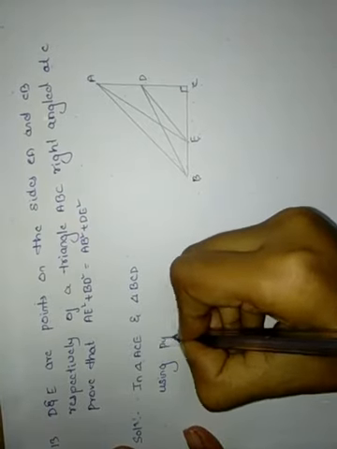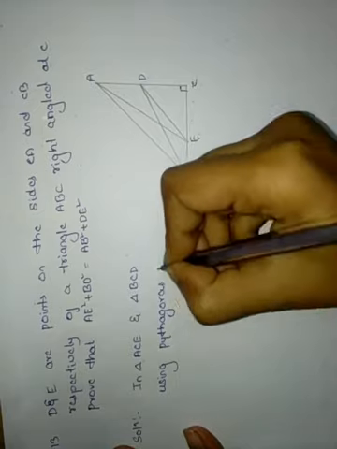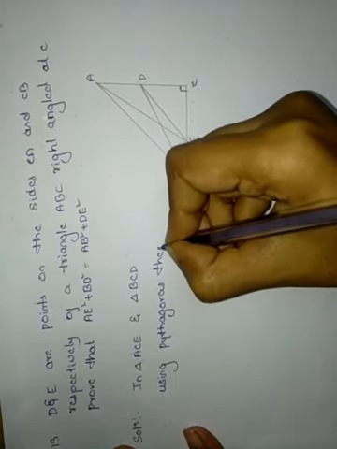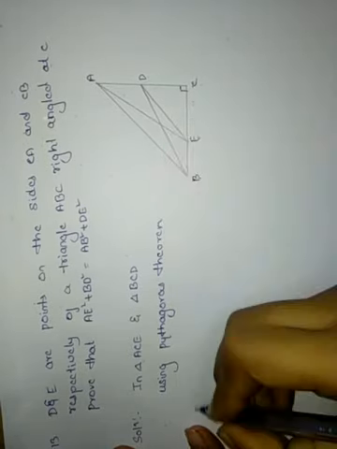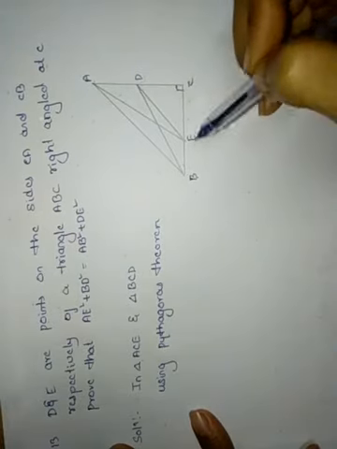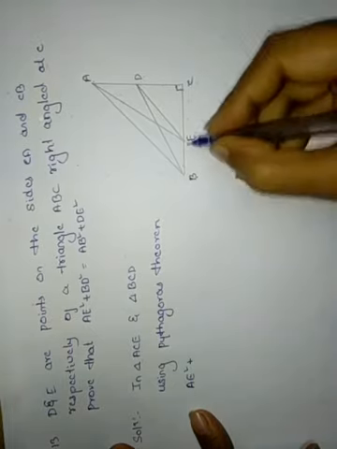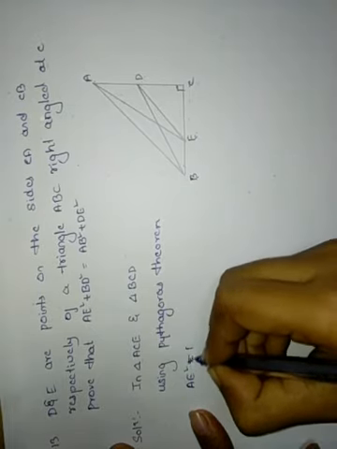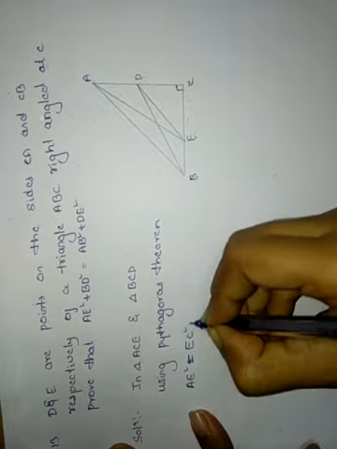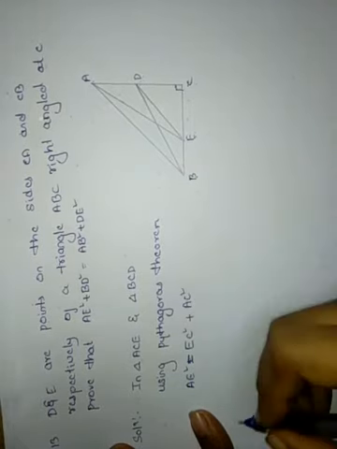Using Pythagoras theorem, what will we get? For the triangle ACE we get AE square is equal to EC square plus AC square, right?